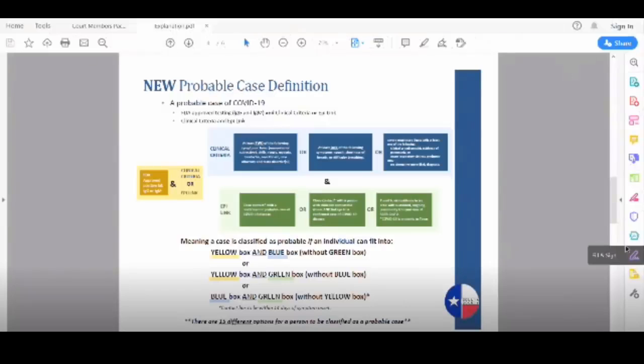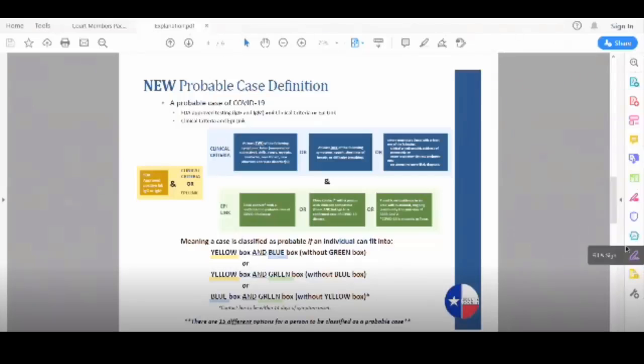So there's many ors and then there's many ands. To meet the EpiLink definition, you have to be a close contact of someone who's a confirmed case of COVID-19 or a probable case, or you came to a location where it's endemic. Right now, Texas has stated that they are considering the state as an endemic area.